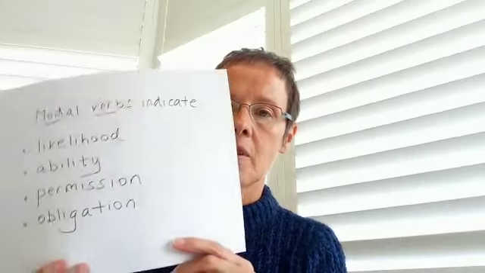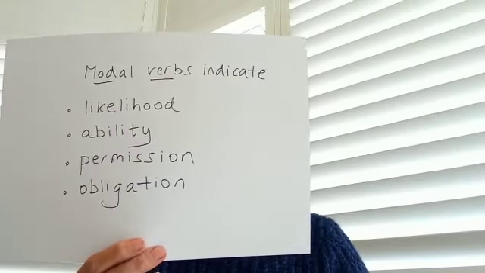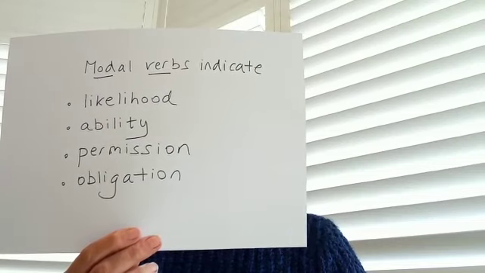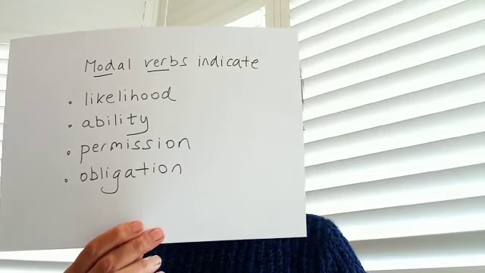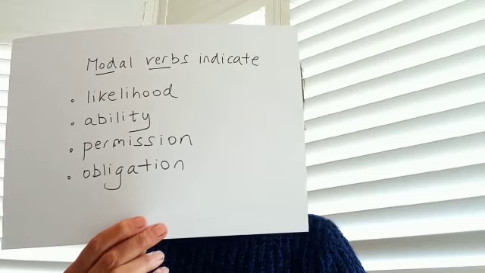I'm going to be asking you, how do you think the modal verb changes the meaning of a sentence? What's the job of the modal verb? Yes, you might have thought that modal verbs indicate likelihood, ability, permission, or obligation. That's their function in a sentence.